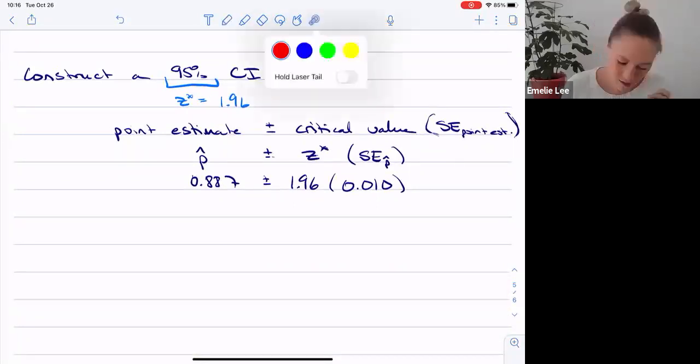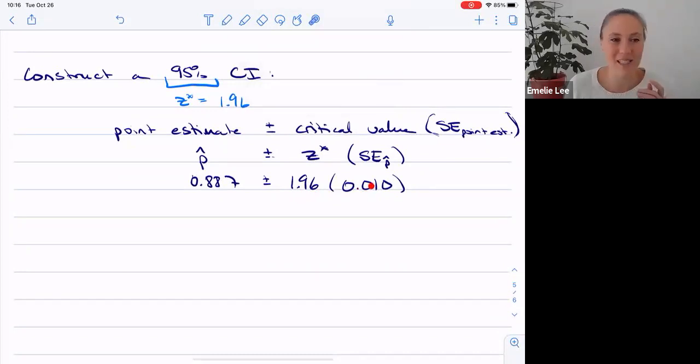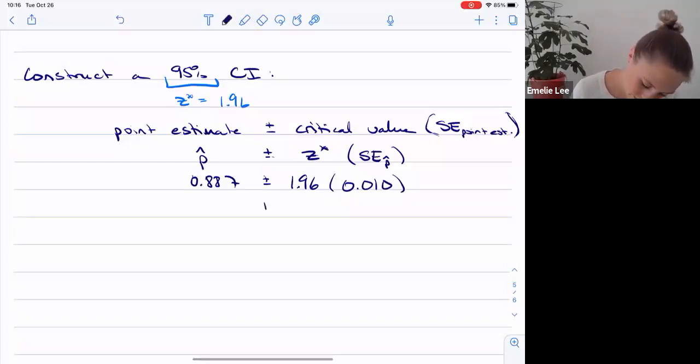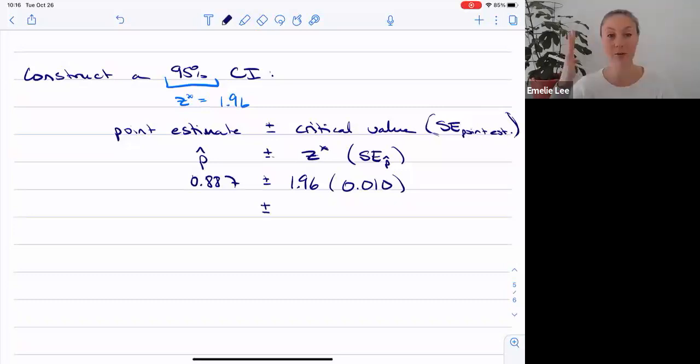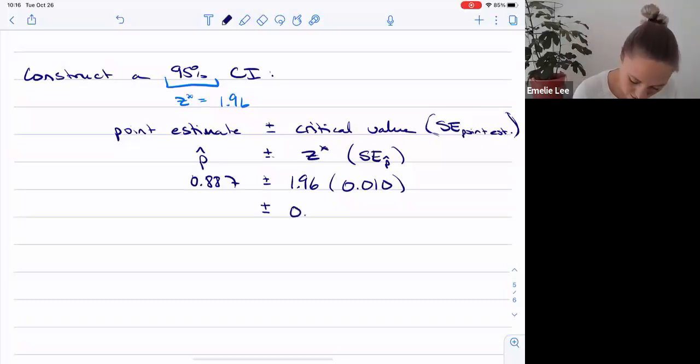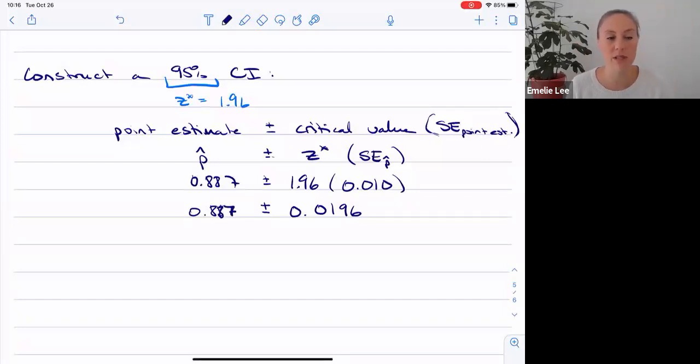This 1.96 times 0.01, I'm going to do on the side. I get a buffer essentially of 0.0196. So 0.887 plus minus 0.0196. Now I have to go down 0.0196 and up 0.0196.